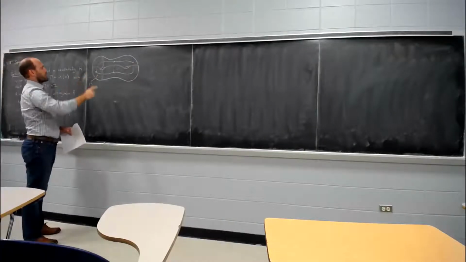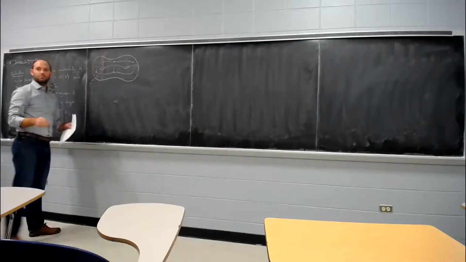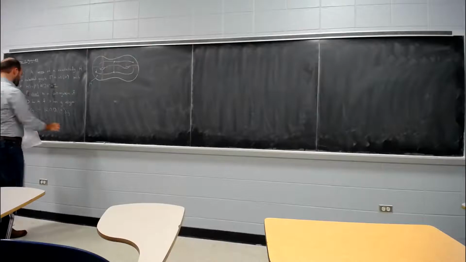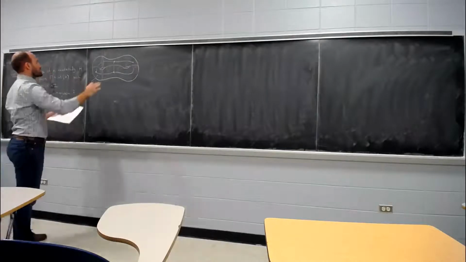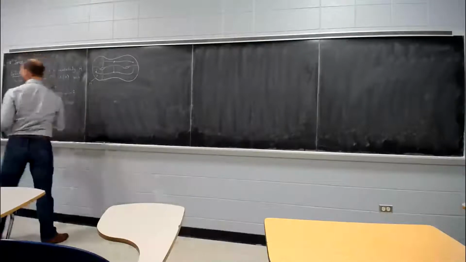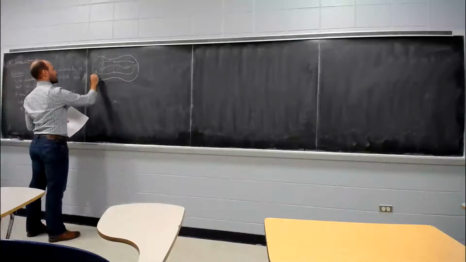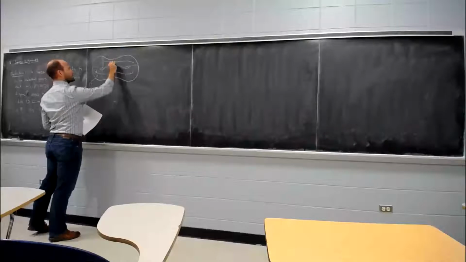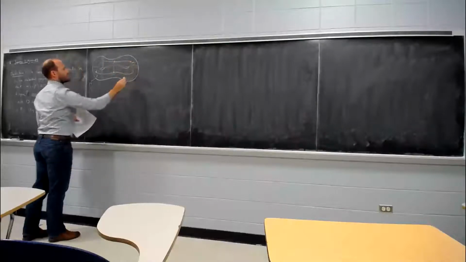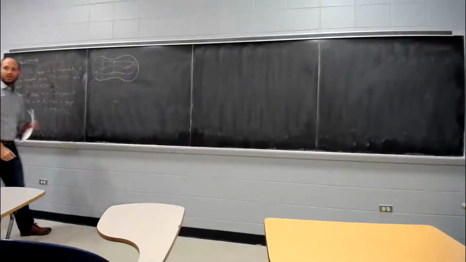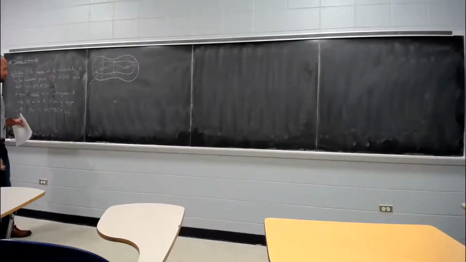So this is not what we've been calling a cut system of disks, but it's sort of an enlargement of a cut system of disks. And in this more general setting, it's still interesting because we get a nice handle structure on the handlebody coming from the graph, where at each vertex we have a 3-ball or a 0-handle or a 0-cell, and for each edge we have basically a 1-handle connecting those two 3-balls together.